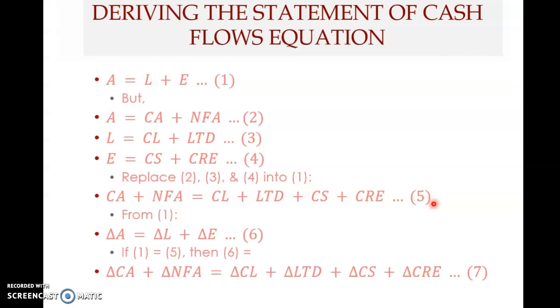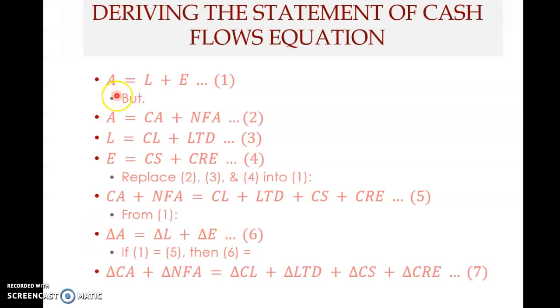That's nothing new. Then, if the balance sheet identity is true, and it must be true, the change in these items must also be true. It means the change in assets must be equal to the change in liabilities plus the change in equity.